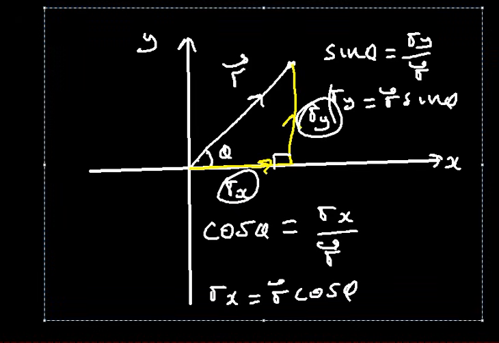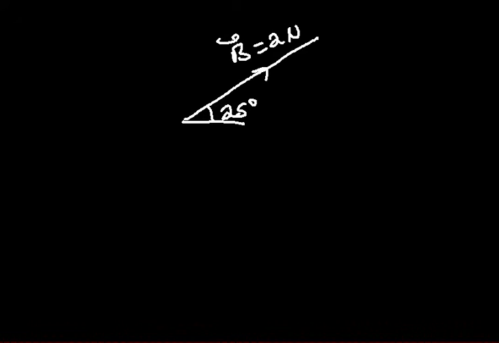And let's say we have this case. Let's say we have a vector b, and it is at an angle, let's say 25 degrees, with respect to the horizontal. Let's say the vector b is 2 newtons. So how should we resolve it into components? First, we should present the Cartesian plane, from where the vector is coming from.